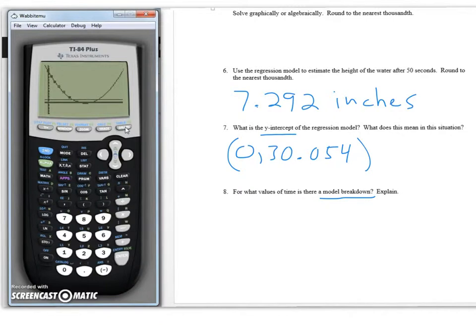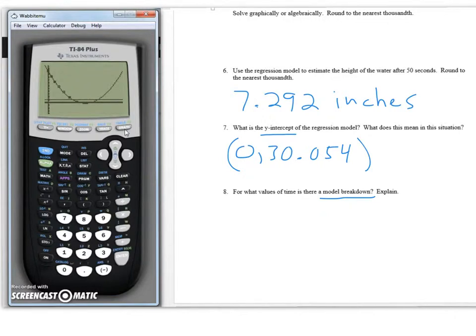Now in this parabola there are some values here that really wouldn't make sense in this problem. First of all, it looks like it dips a little negative here. Now the height of the water can't be negative. And then it shows the water would increase, which isn't going to happen either if the water is draining. So any time value past the point where the tank is empty would be kind of unreasonable in this question.